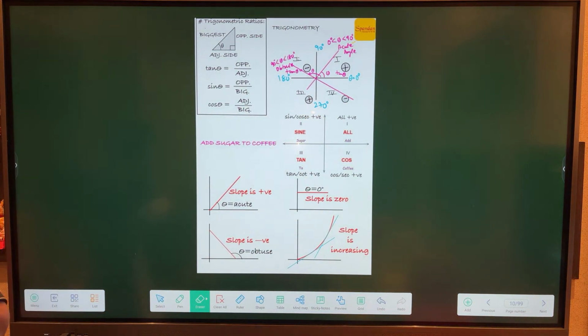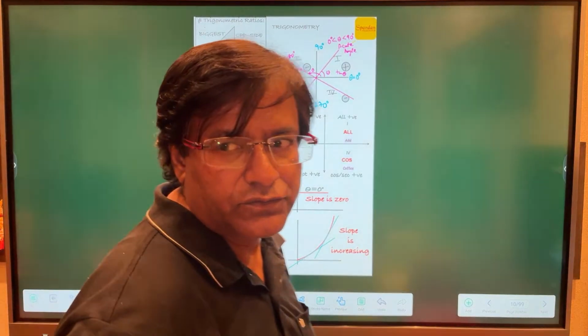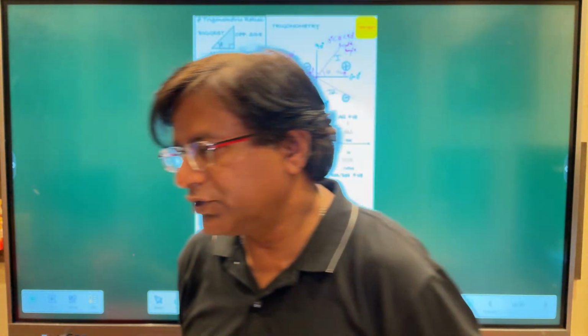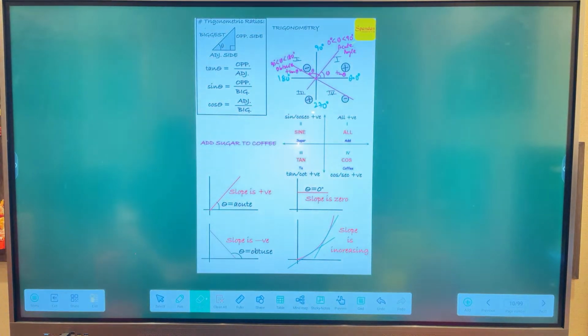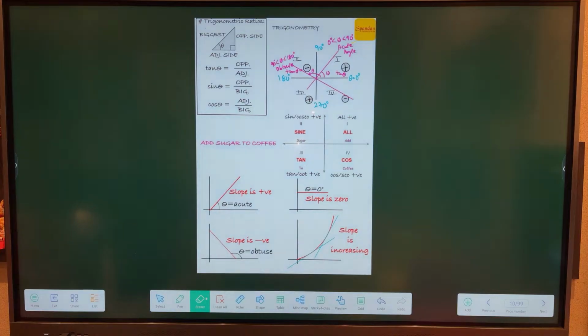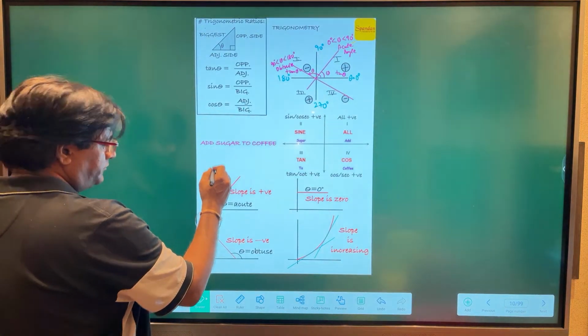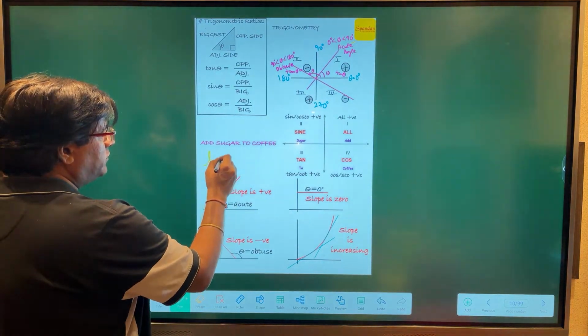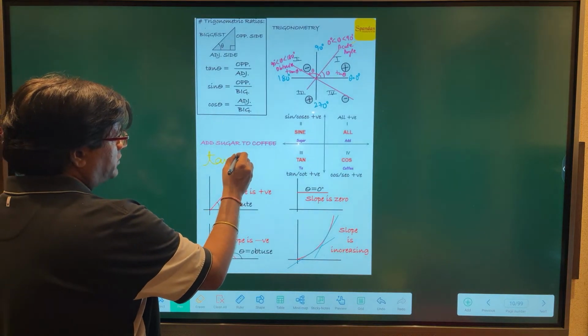So you can tell for angles between 0 and 360 degrees what the sign of tan theta will be.